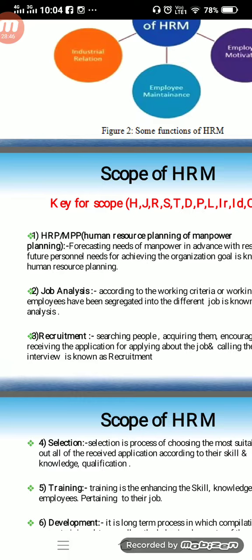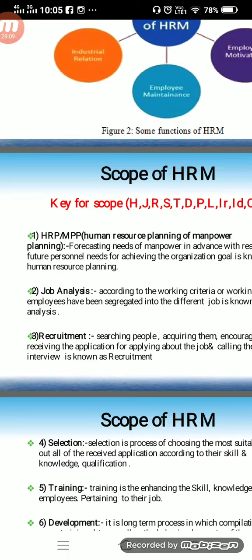That make-aware point is the point of recruitment. Then getting the applications from the market: yes, getting applications from the market is part of recruitment, and recruitment is part of the HRM.